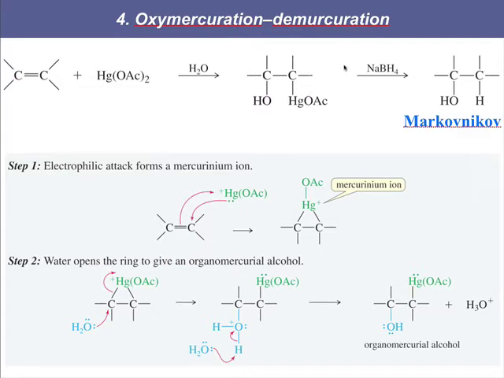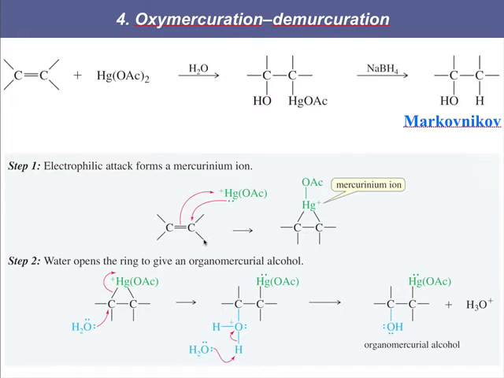Then in a second reaction step, we would add NaBH4, sodium borohydride, and that will replace the mercury acetate group with a hydrogen. That's the big picture, 2 steps. First, we add our OH and HgOAc across the double bond. Then we displace the HgOAc with an H, and we end up with an OH in the Markovnikov position.